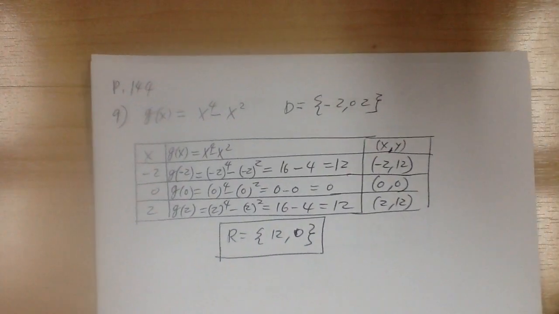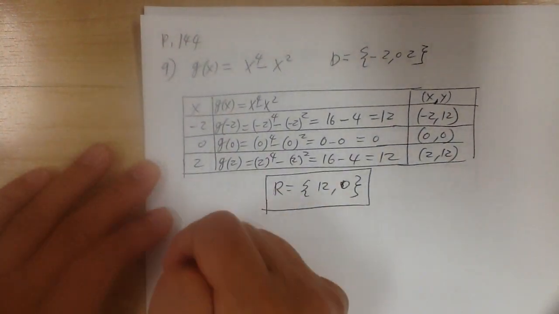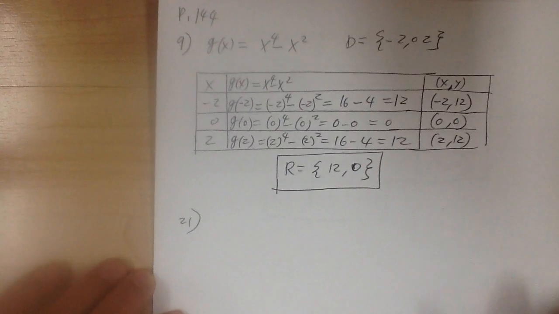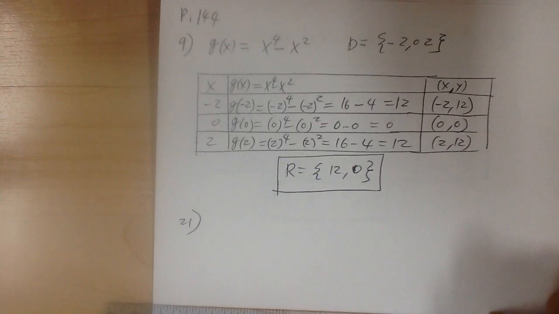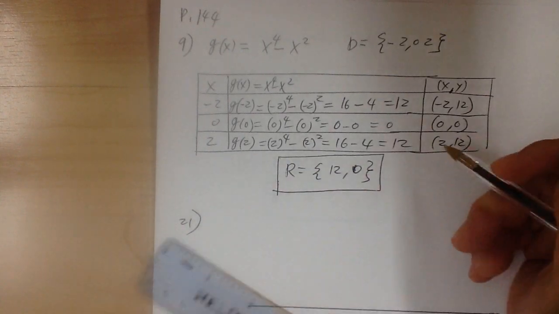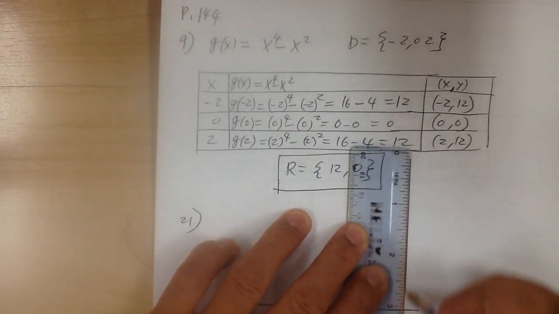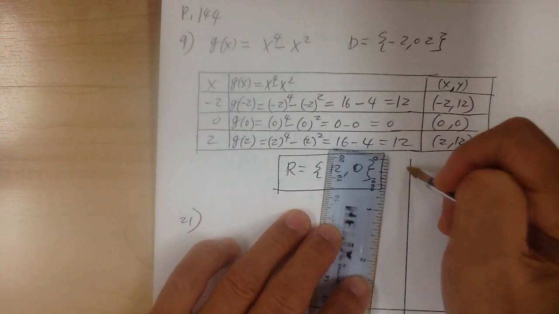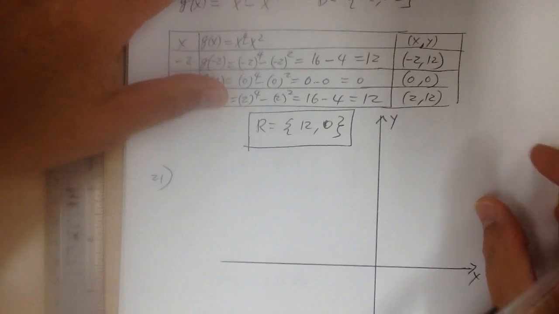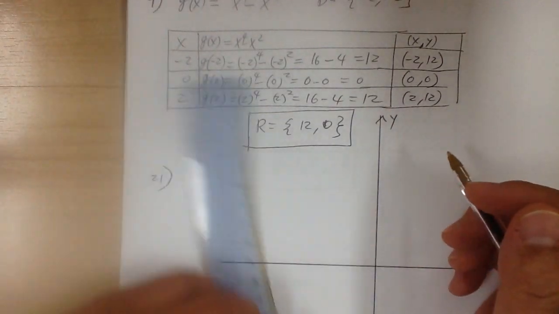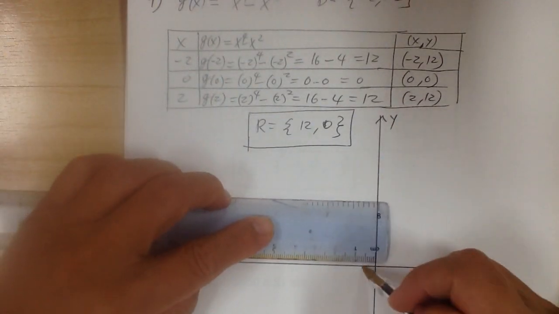Okay, next one. Okay, graph number 21. Okay, so for this one, the number is really high, so I have to make the division smaller.